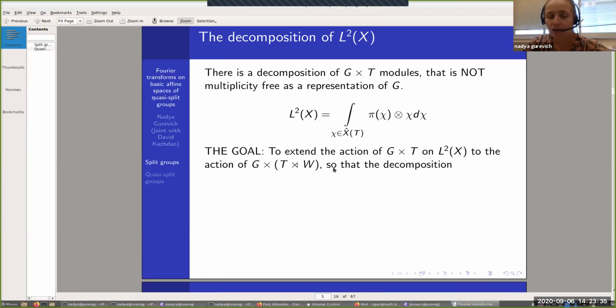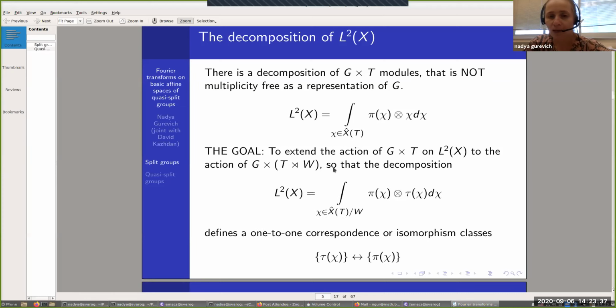We would expect that, as representations of this bigger group, L2 of X is a direct integral over W-orbits of unitary characters of T, and the relevant Hilbert spaces, unitary representations of this bigger group, will be just pi of chi times tau of chi.